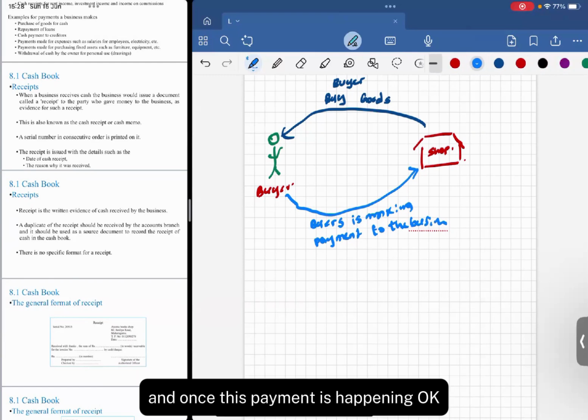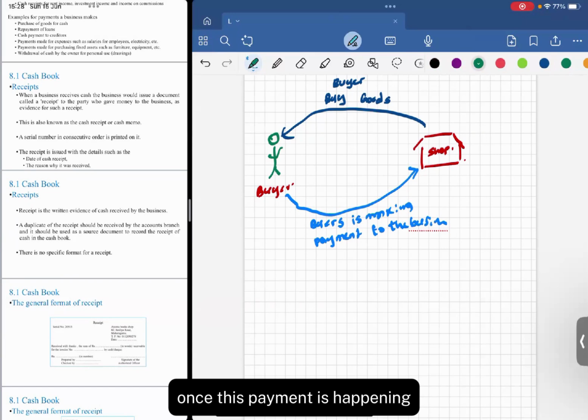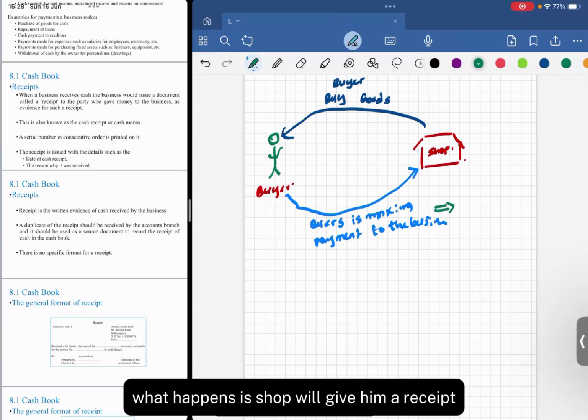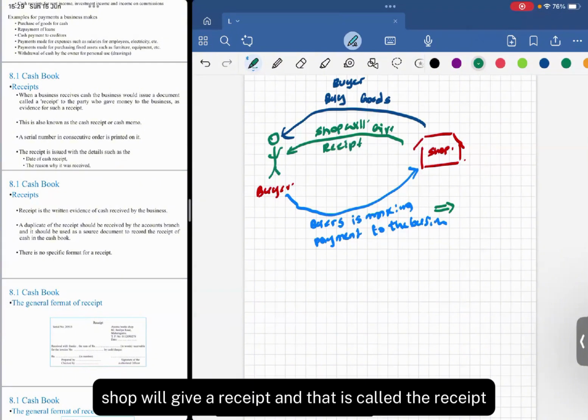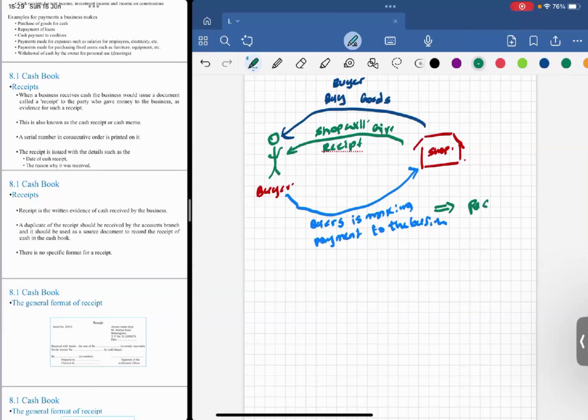Once this payment is happening, the shop will give him a receipt. The shop will give a sort of document, and that is called the receipt.